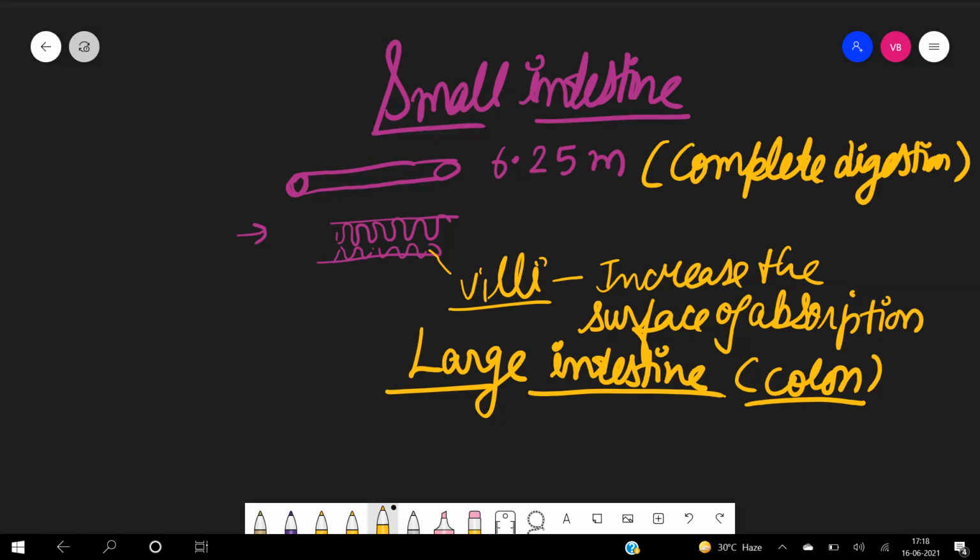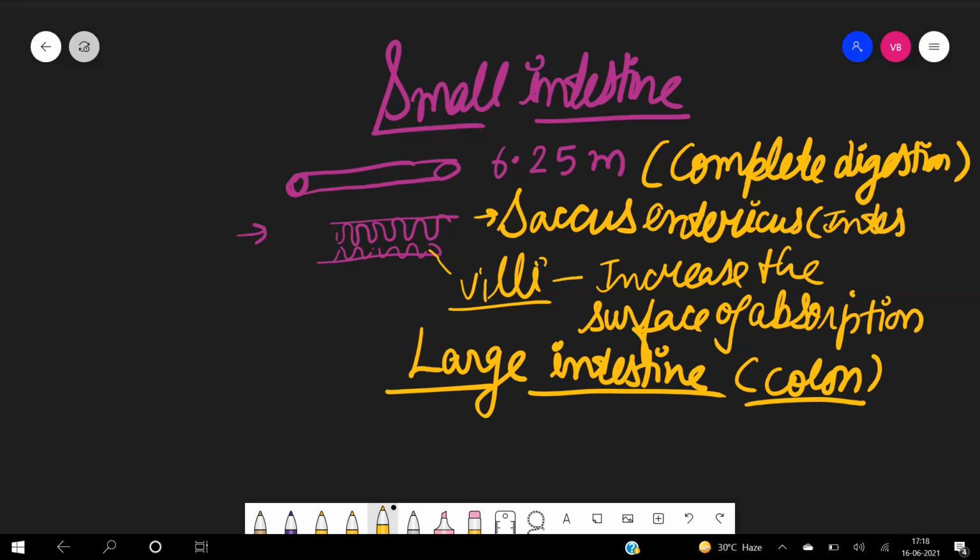And the digestive juices which are released by the small intestine are commonly called succus entericus. They are the intestinal juices.